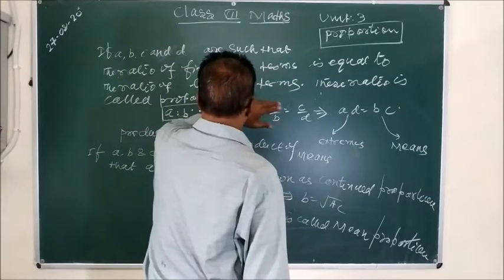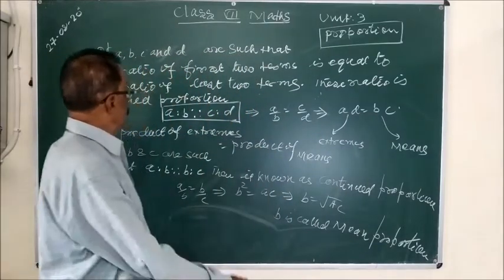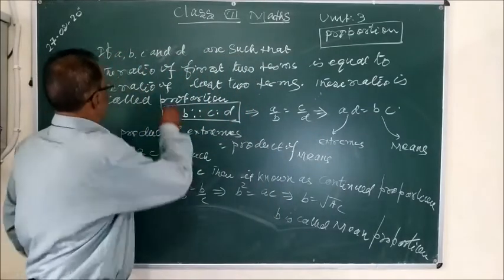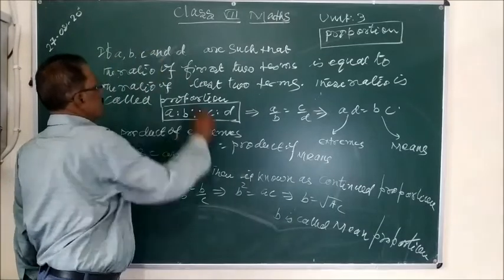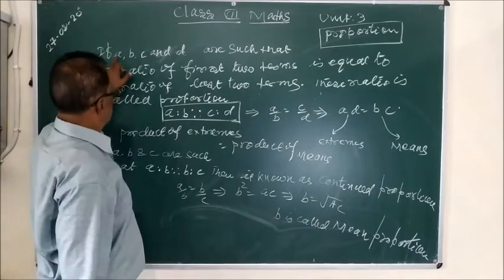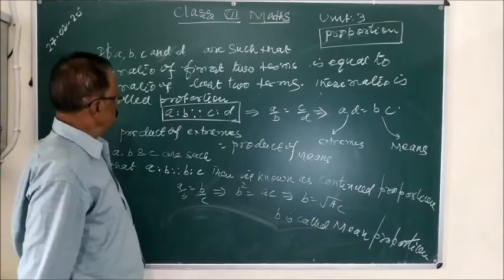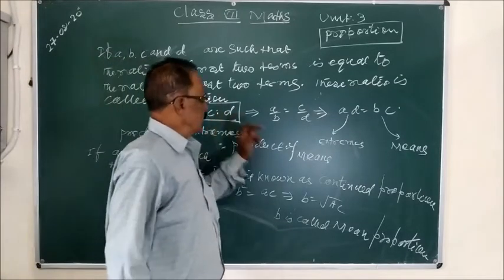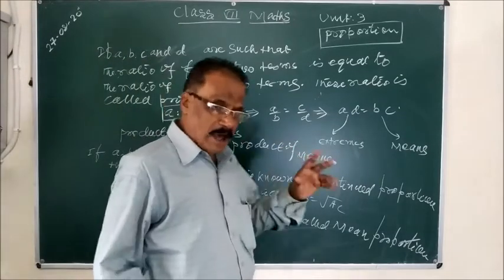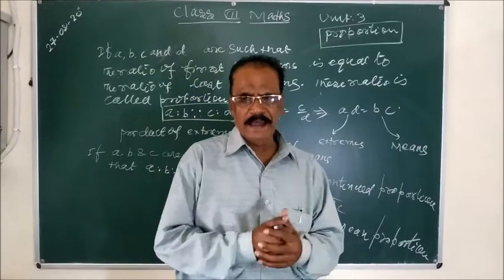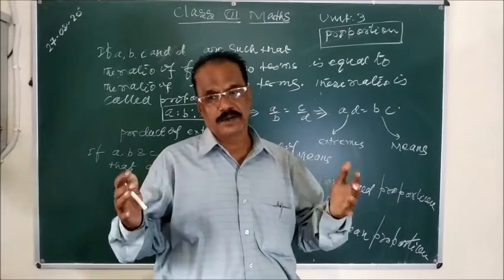So the simple meaning of proportion is, if 4 terms are such that the ratio of the first two is equal to the ratio of the last two, then we can say these are in proportion.